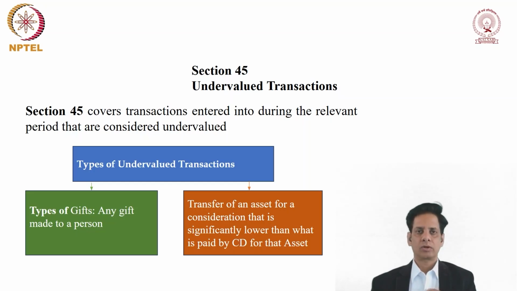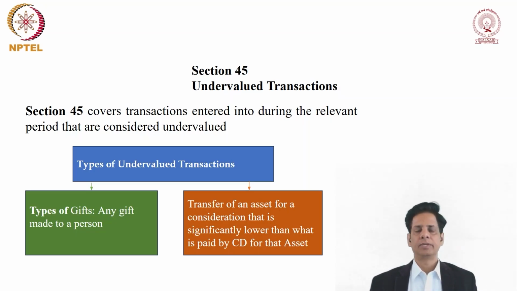Let's say I bought a land for maybe 5 crores in 2005 in a certain place. After 15 years, maybe in 2021-22, when the CIRP was about to begin, I transferred this land at a price of 1 crore to some party.